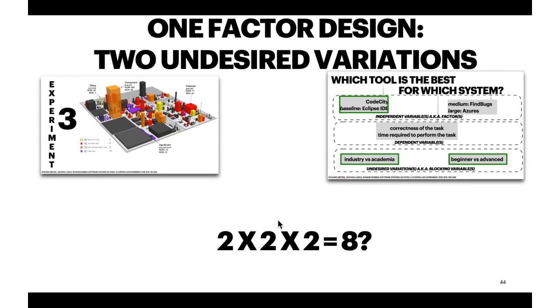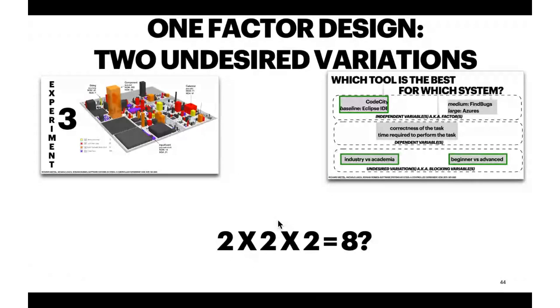The more variables we have and the more levels each variable has, the more possible experiments we need to conduct. And of course, typically for each experiment, we need multiple people participating in it because we want to exclude interpersonal differences. And this is where it becomes really, really prohibitive, really, really fast.